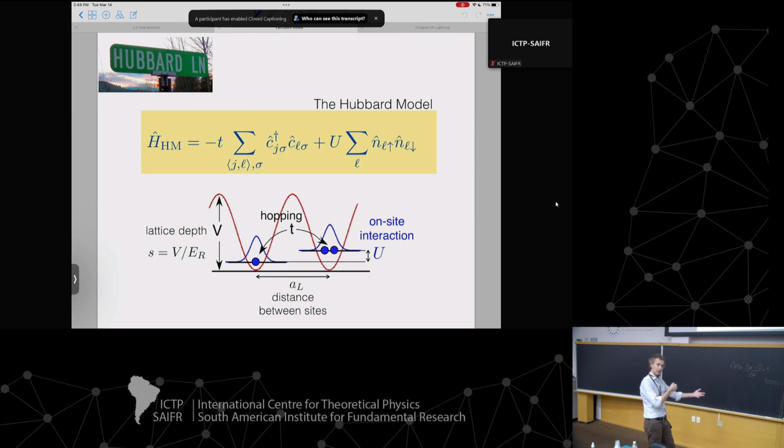But in the flip case, if it's strongly interacting, so U is much larger than T, then the eigenstates are going to be approximately the eigenstates of this term, and then the kinetic energy will be a perturbation. That's what we mean by strongly interacting.